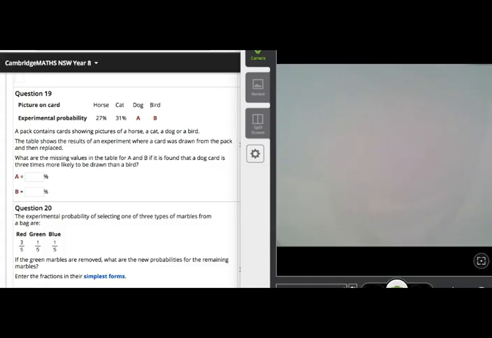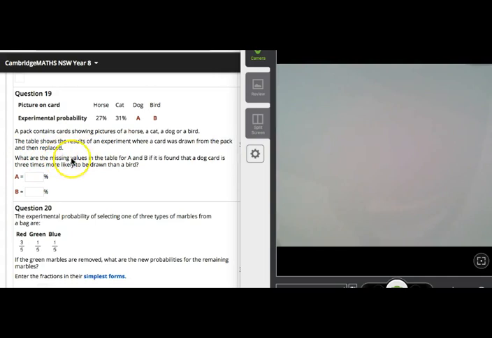Okay, just looking at question 19 here. A pack contains cards showing pictures of a horse, cat, a dog or a bird, and this table up here shows the results of an experiment where a card was drawn from the pack and then replaced.